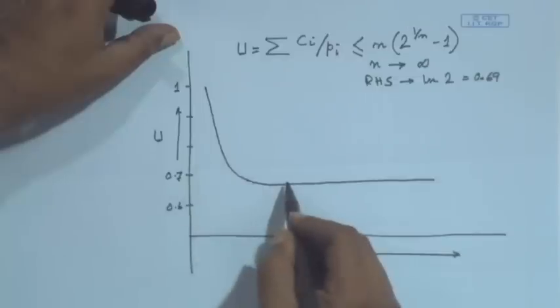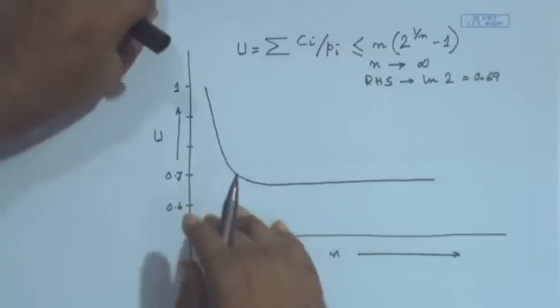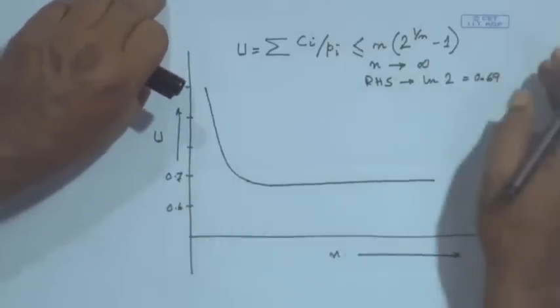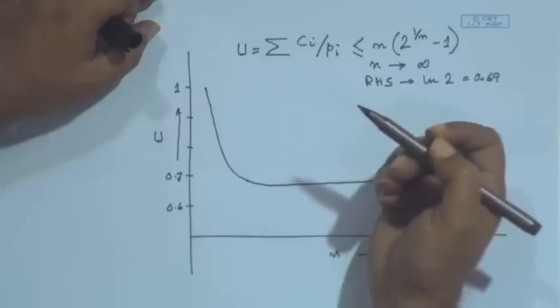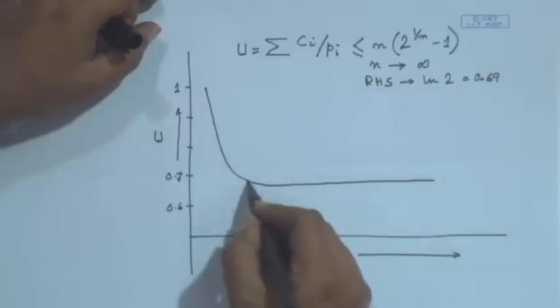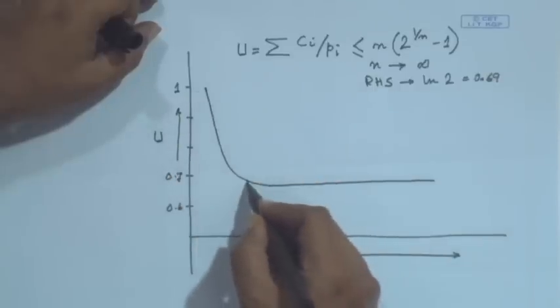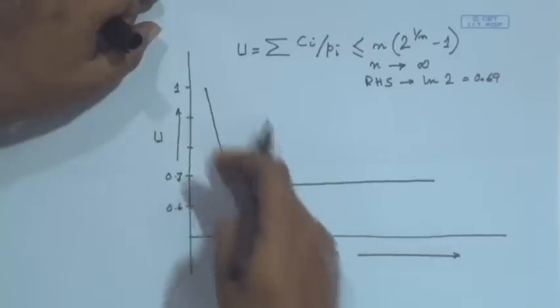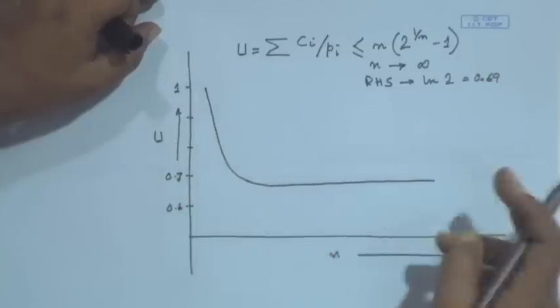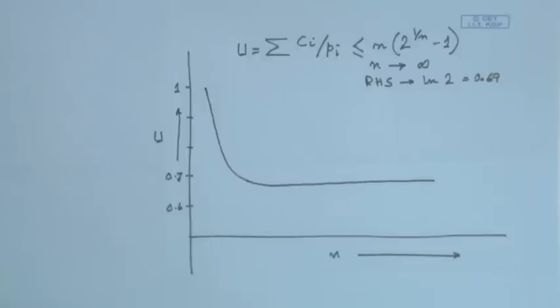That means the maximum number of tasks that I can accommodate and schedule is limited by the utilization. As I increase the number of tasks, the utilization comes down, and so up to this level.